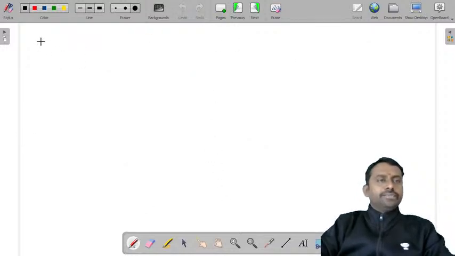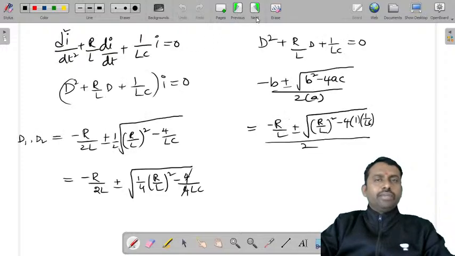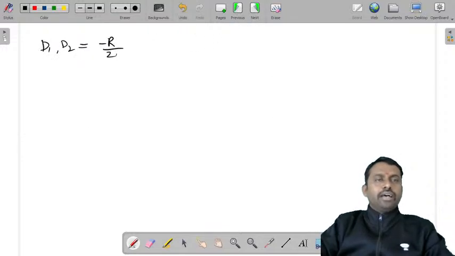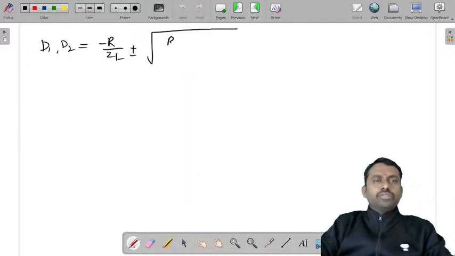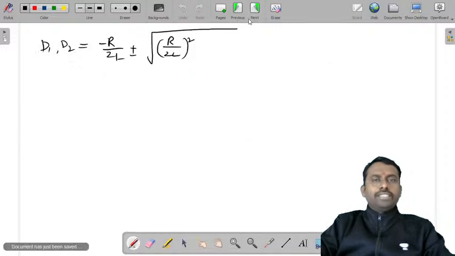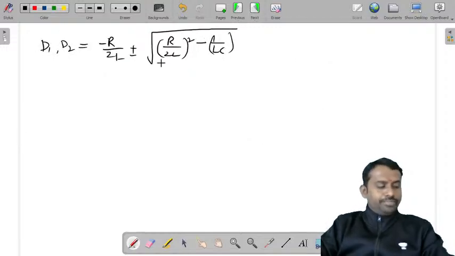So let's write this: D1, D2 is equal to minus R by 2L plus or minus under root of, if you take 1 by 4 inside, it is R by 2L whole square minus 1 by LC. This is what you'll get.